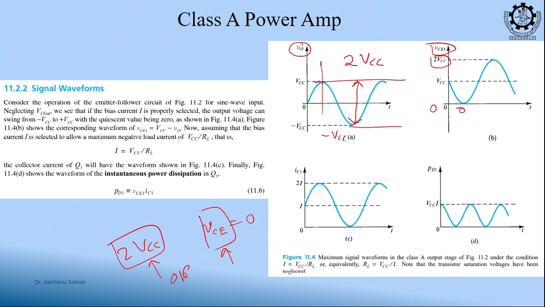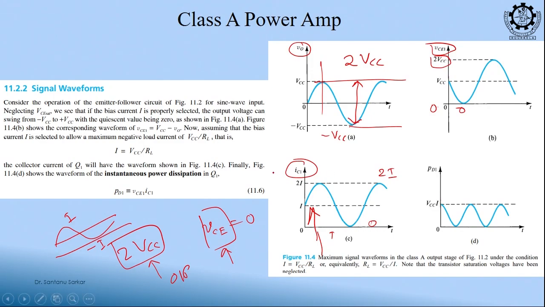Similarly, for IC, initially it would go from minus I to plus I. I have added a DC, so now its range is 0 to twice I. If we did not have the DC added, it would go from minus I to I. But now I have added this much DC.